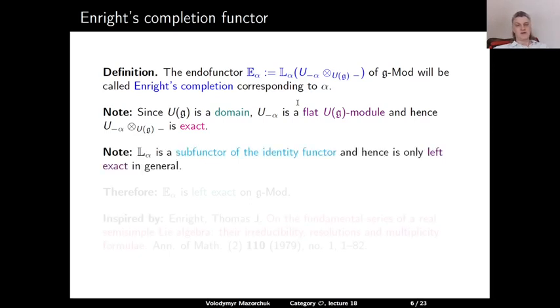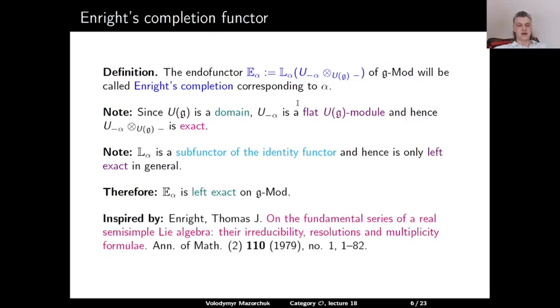Being a subfunctor of the identity functor, the functor L alpha is easily seen to be left exact. Unfortunately, it is not exact in general. From these two observations, it follows that the functor E alpha is in general left exact. This functor is inspired by the 1979 paper by Enright, where a slightly different version of this functor was considered.